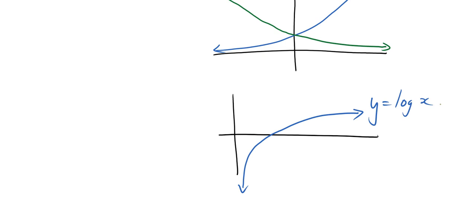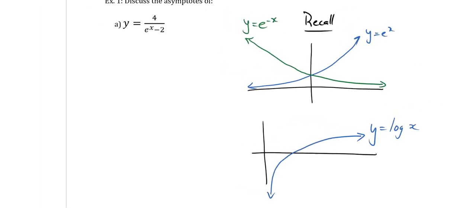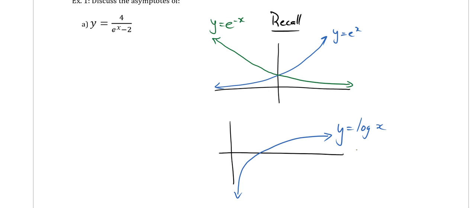Log x or ln x, same idea. But it's also important that we understand when we examine the nature of the behavior around the asymptotes or where it would have asymptotes, what kind of asymptotes these functions have.